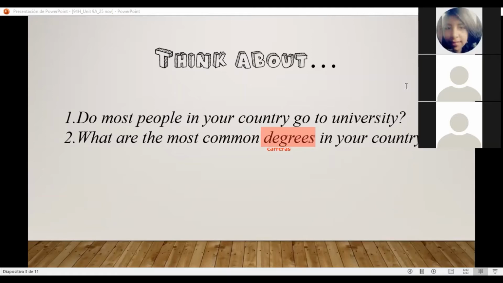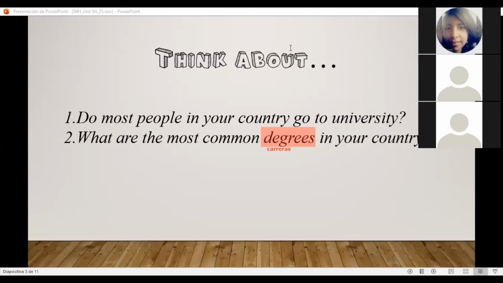Y administración y derecho. Good. Let's listen to the last opinion. Mafer, can you help me with number 2? What are the most common degrees? In my opinion, doctor, business administration, nurse, y odontología. Odontology. Good. Yes, those are very common. Odontology, doctors, and business administration.